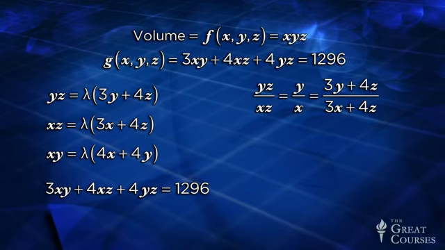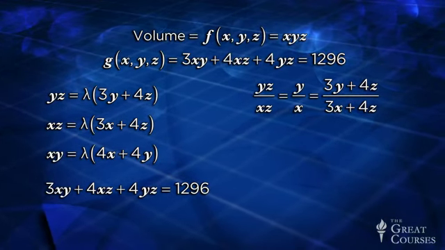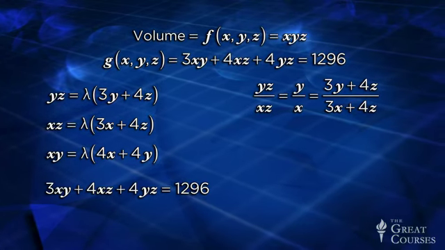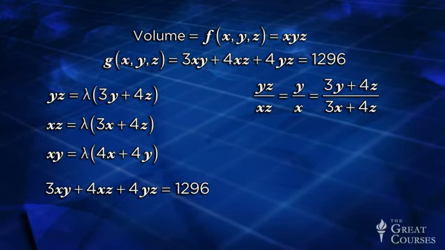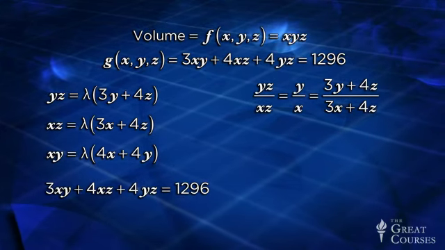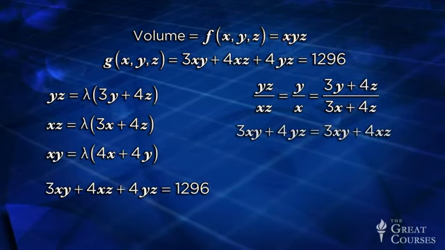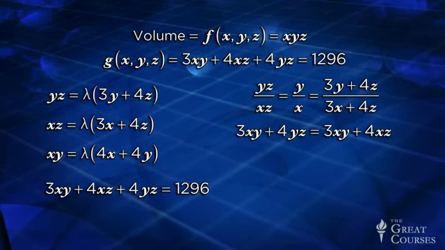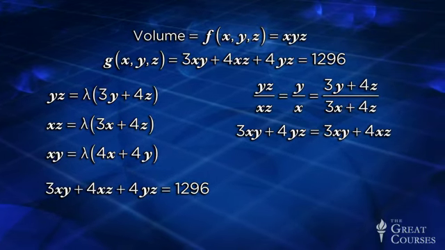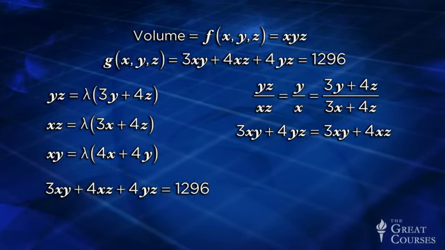All right, let's keep going. Stay with me here. So my equation was y over x equals (3y plus 4z) divided by (3x plus 4z). Now cross multiply. On the left, I'll have 3xy plus 4yz, and on the right, I'll have 3xy plus 4xz.